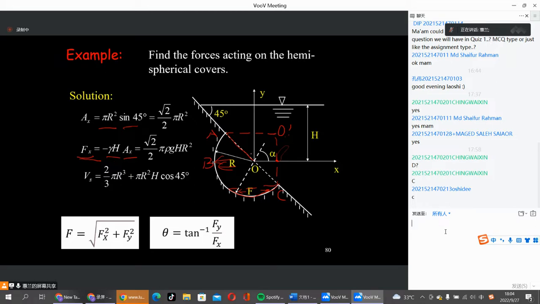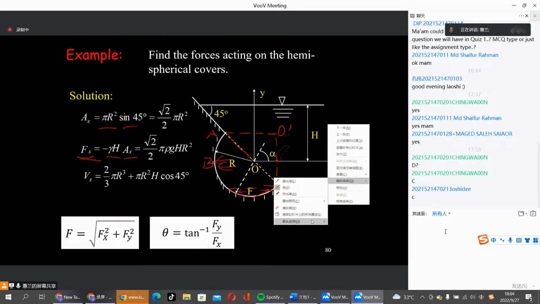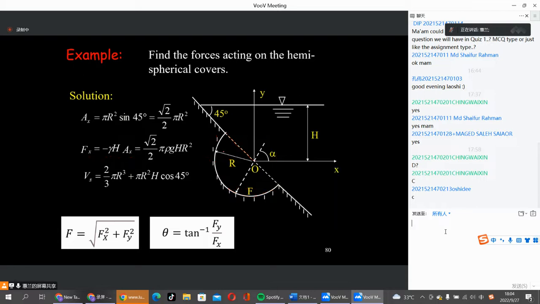How about the vertical force? The vertical force should be equal to the weight of the pressure volume.